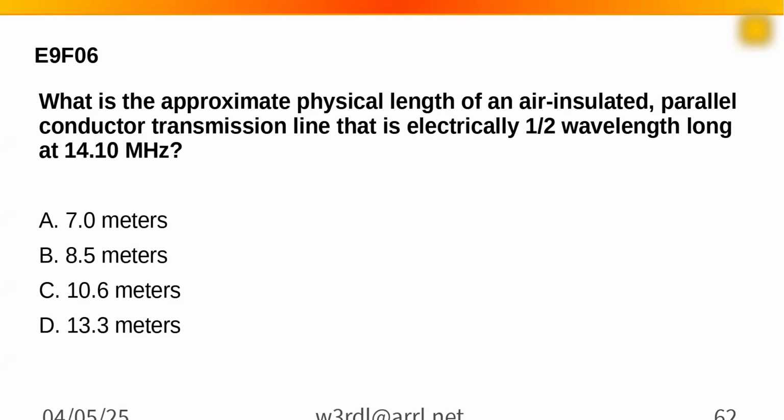Calculator. Not even will reach for the calculator. Okay. Take a guess. You see half wavelength on 14 meters, so half wavelength is 7.05 meters, and we know that the velocity factor for air insulated is 0.98. So it's going to be close to 7.